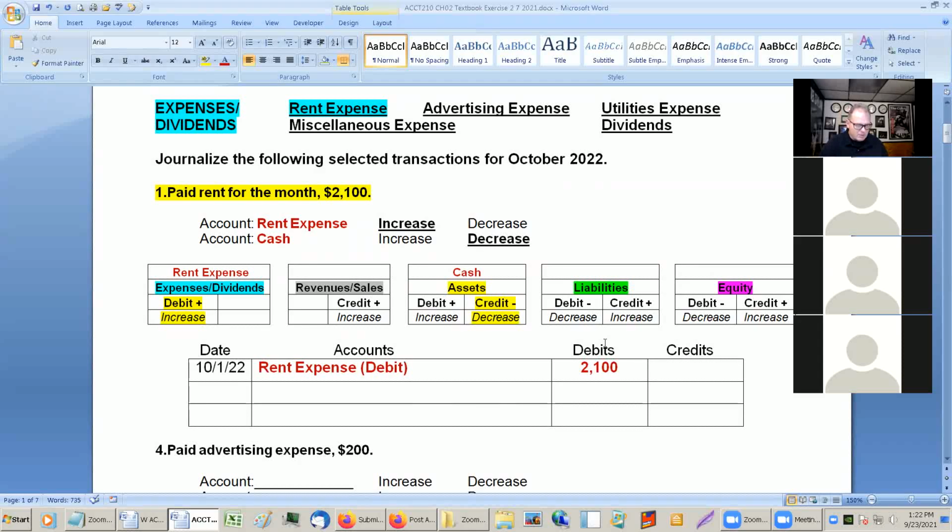These have to balance. Expenses are debits.